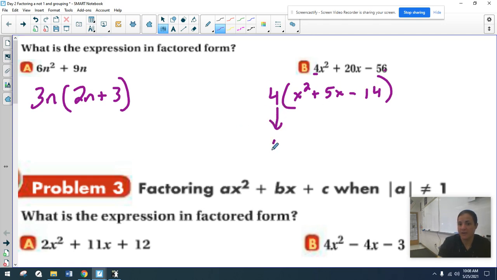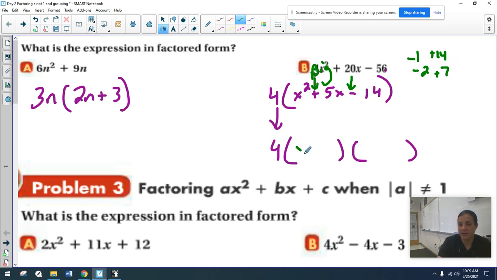Remember, if you got a GCF, you don't do anything else with it. You just stick it with your answer at the end. So now when we finish, factors of 14, 1 and 14, 2 and 7, and that is it. So this means one sign of each, and this is the bigger one. So plus is going to go with the bigger of the two factors. The ones that give you 5, negative 2 plus 7 gives you 5.